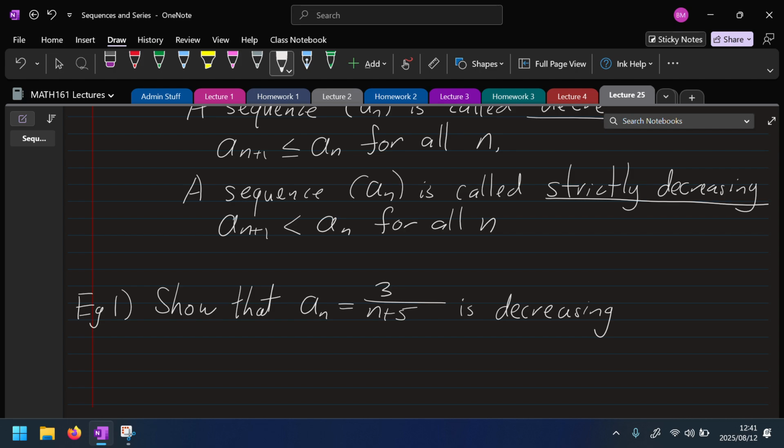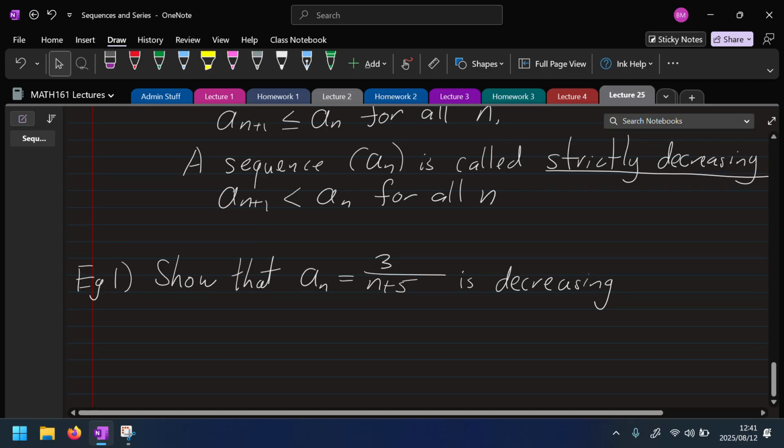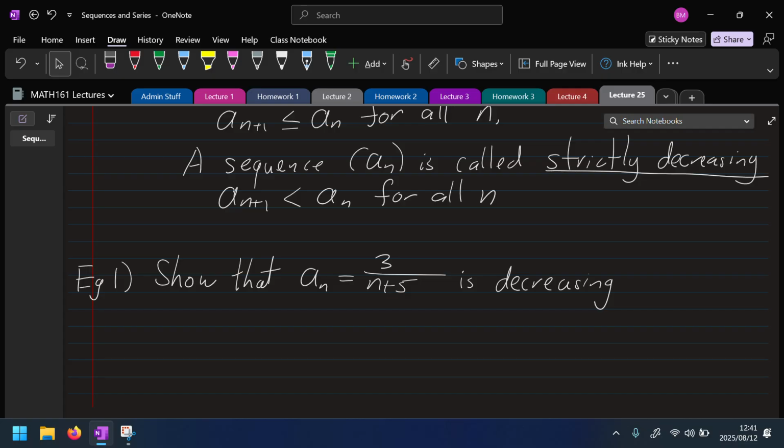For this example, we'll use the first method, and then I'll show you one of each for the other ones. What we do is look at the next term, and try to show that it is smaller than the previous one. So let's see what the next term is. That's a n plus 1. In place of n, I'll put n plus 1.